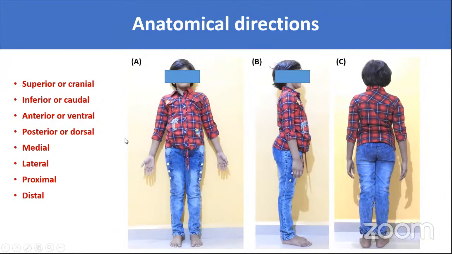Photograph A is the anterior or ventral side of the body, whereas B is the lateral side of the body. This is the superior part, which is also called the cranial. This is the inferior part, which is also called the caudal.